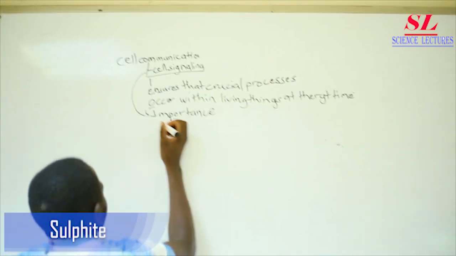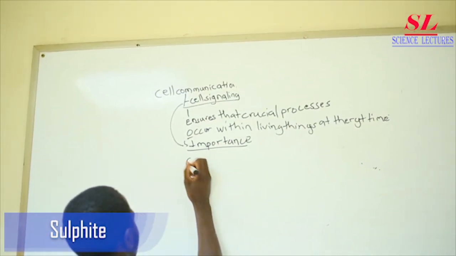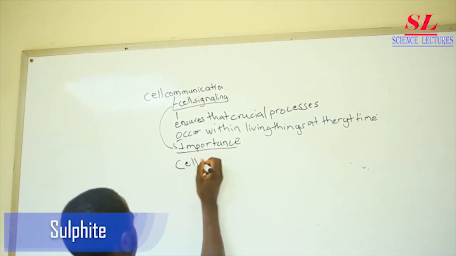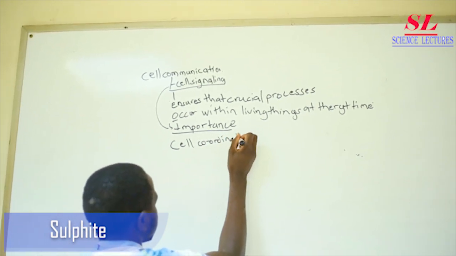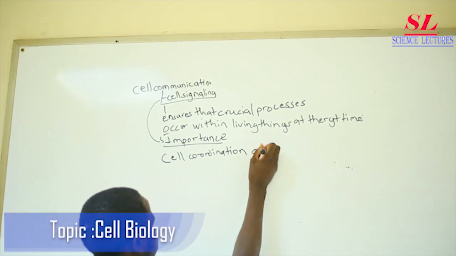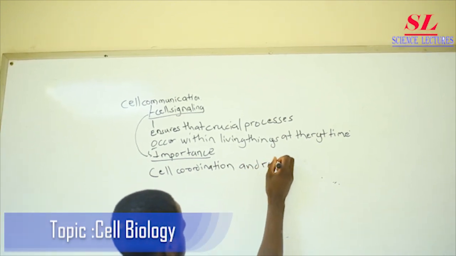So we are looking at the importance of cell signaling. Number one is cell coordination and regulation.